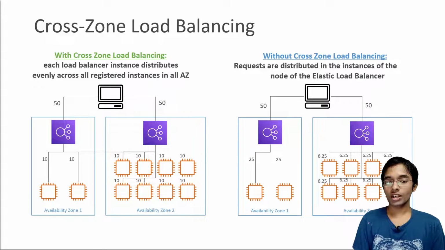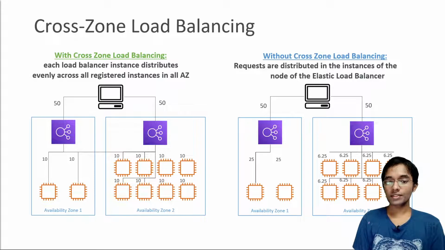If we take a look at the second application load balancer, it's going to send the traffic it received to all these instances. Because we have 10 instances, each of them gets 10% of the traffic. Same story with the first application load balancer instance: with cross-zone load balancing, each of them gets 10% of the traffic.